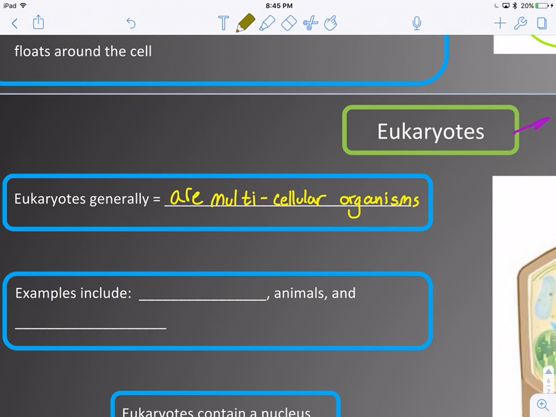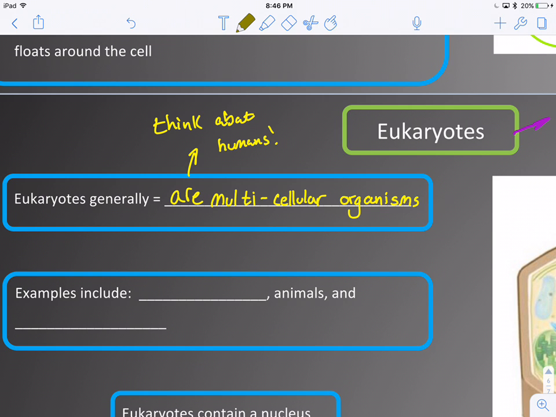Think about humans. We're made up of billions of cells. And if we weren't made up of so many cells, we couldn't be us. We need skin cells. We need brain cells. We need eye cells. You need cells for all your different organs, like your heart and your liver and your stomach. If we didn't have all these different cells, we literally couldn't do the things that we need to do.